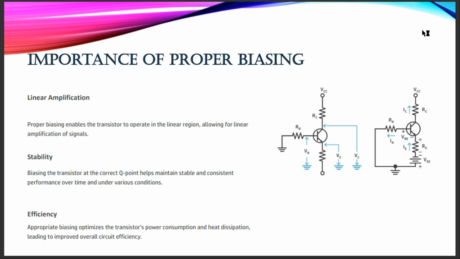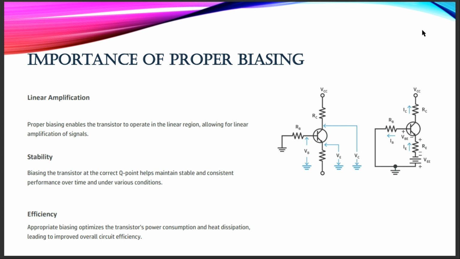Importance of proper biasing. There are a few benefits of proper biasing: linear amplification, stability, and efficiency. Linear amplification: proper biasing enables the transistor to operate in the linear region, allowing linear amplification of the signal.